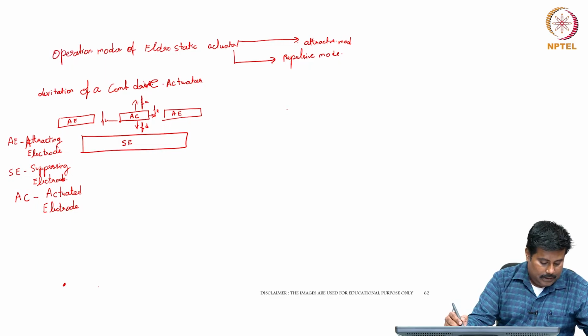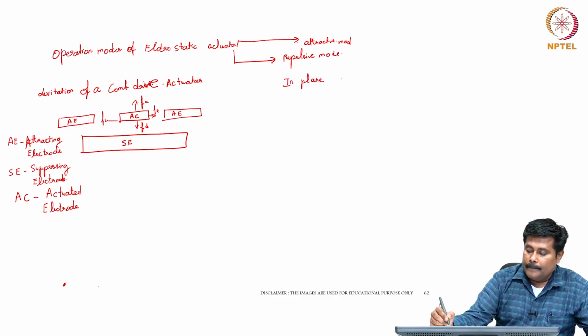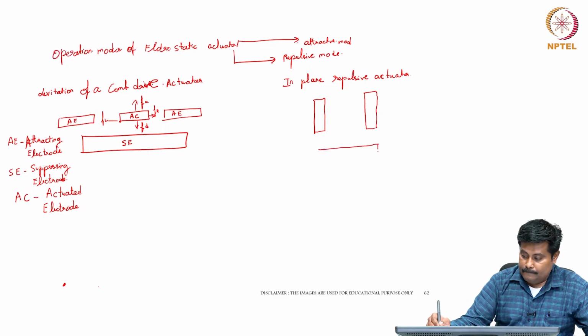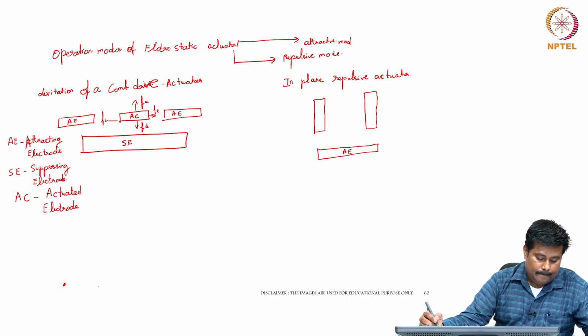Now the second configuration is called an in-plane repulsive actuator. Here we have AE, AC and AC.